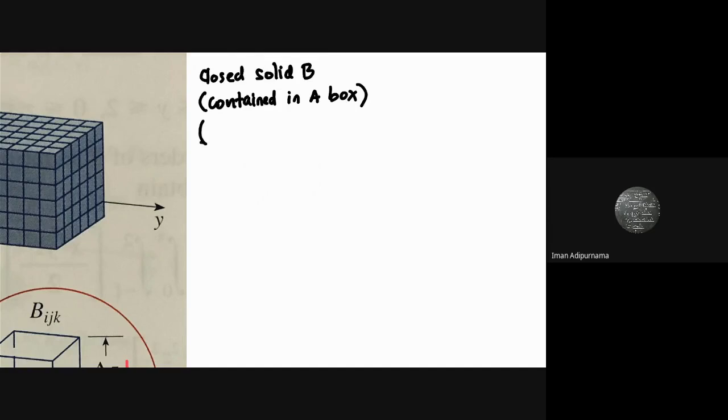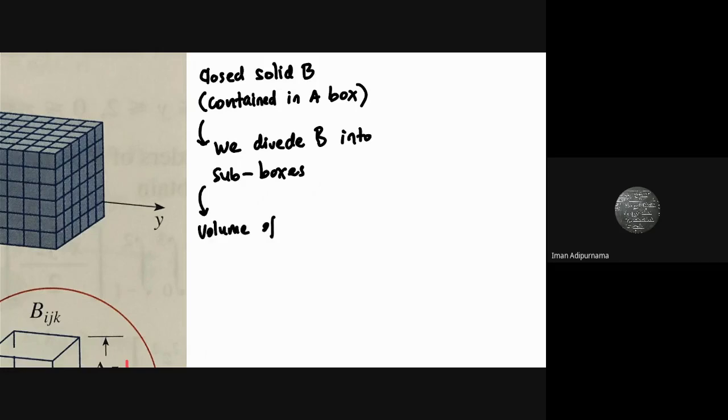And then the next part is we divide B into sub boxes. And then the volume of each box is, let's say, delta V.